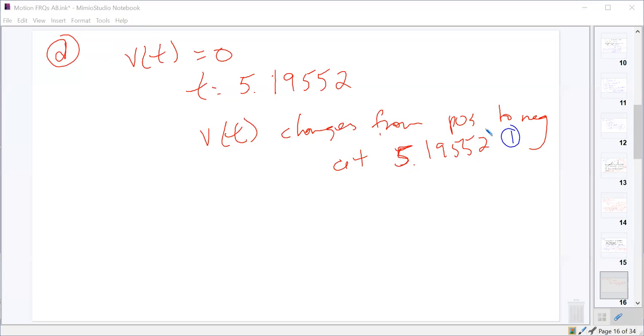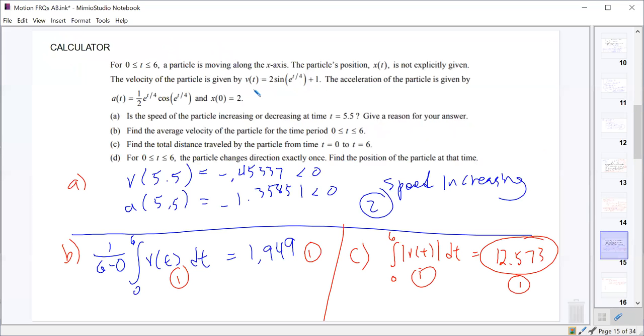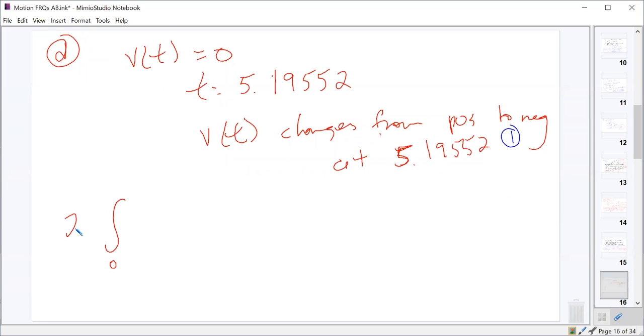And then to find the position of the particle, you need to then integrate from 0 to, let's see, what was our initial condition they gave us? Yeah, they gave us an initial condition that at t equals 0, the position was 2. So it would be 2 plus the integral from 0 to 5.19552 of v of t.